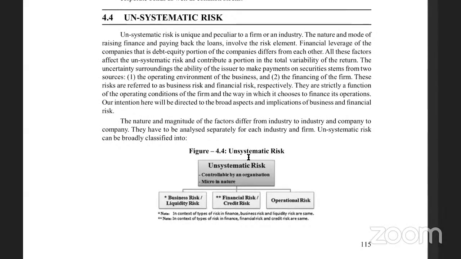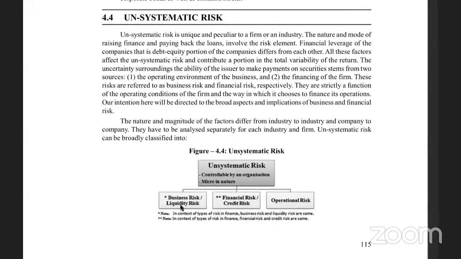How? You can work on liquidity risk. What is liquidity risk? Non-availability of cash. If you are extending credit freely to your customers, ruthlessly going on giving credit, what happens?